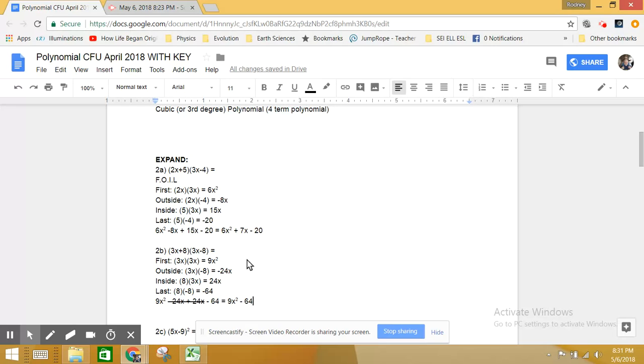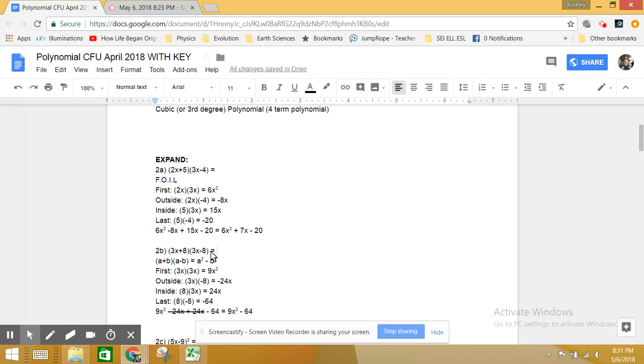And you can shortcut this. You do not have to go through all this FOIL if you remember the basic structure of a plus b times a minus b is going to equal a squared minus b squared.